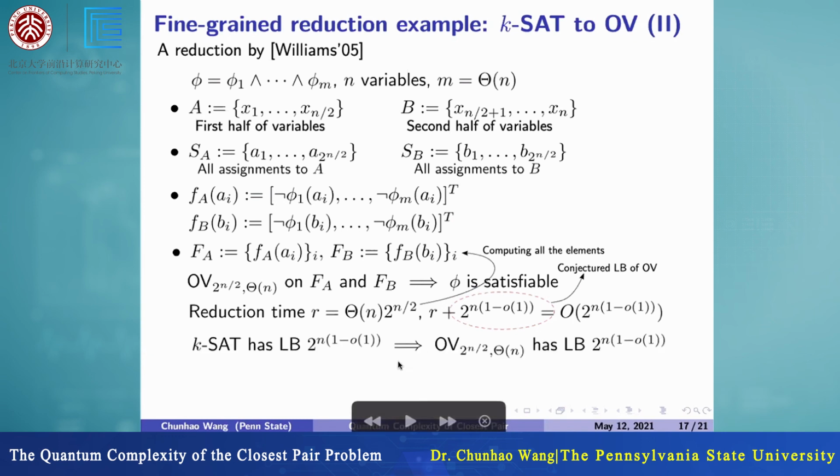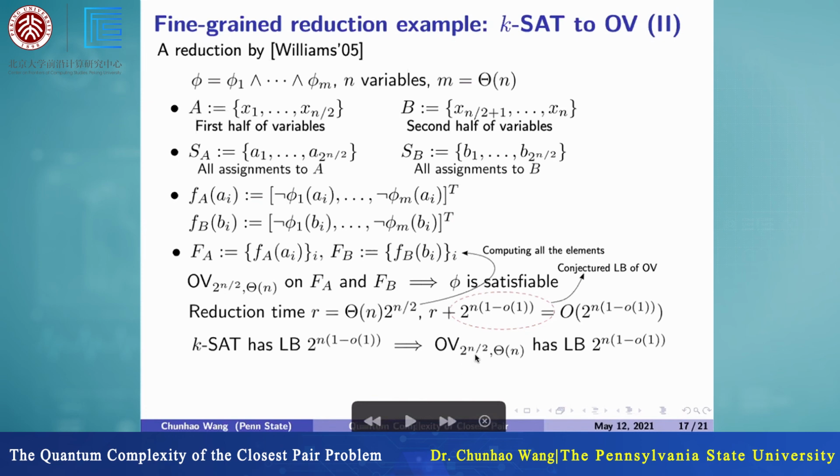If you plug everything into the previous slide, you will know that if k-SAT has a 2 to the n times 1 minus little o(1) lower bound, then it implies orthogonal vectors has this 2 to the n times 1 minus little o(1) lower bound.